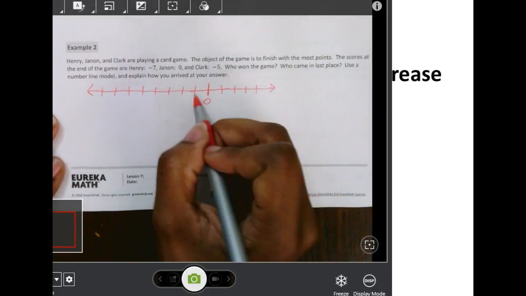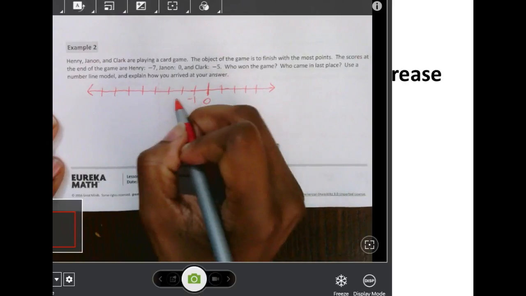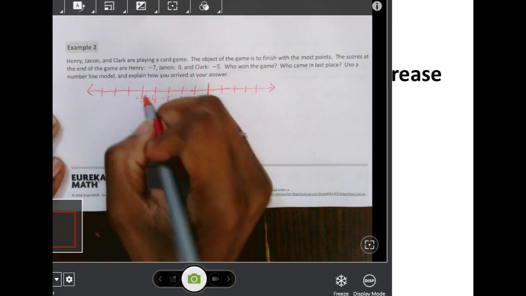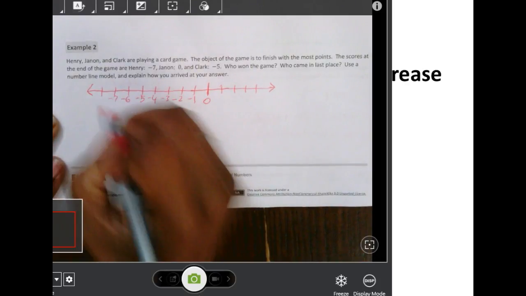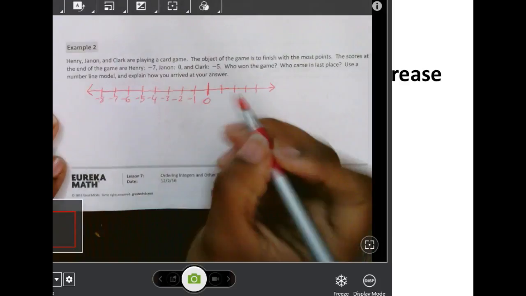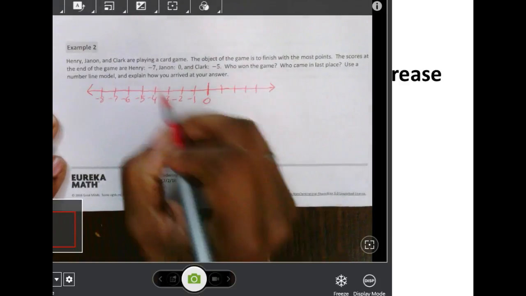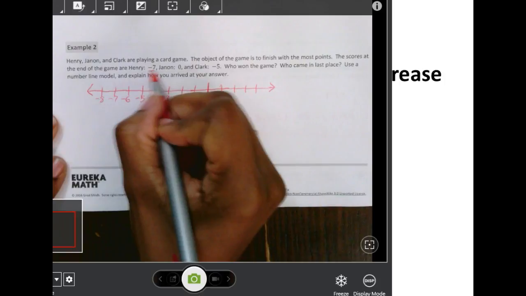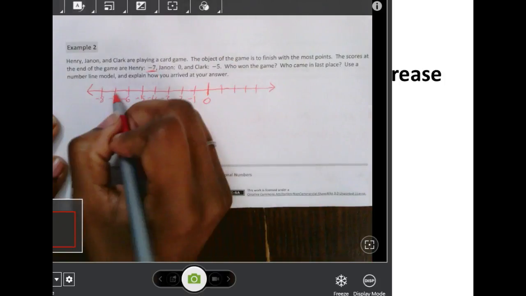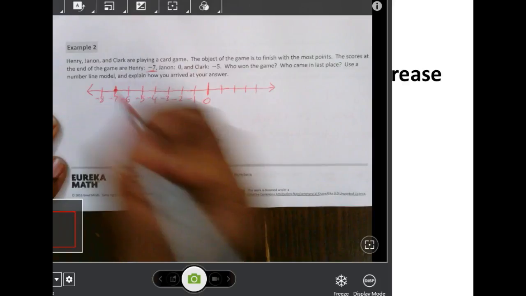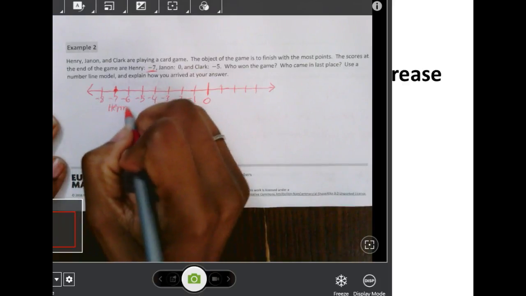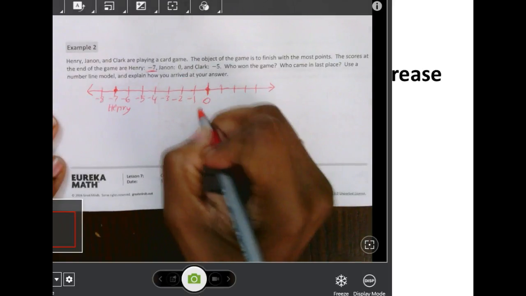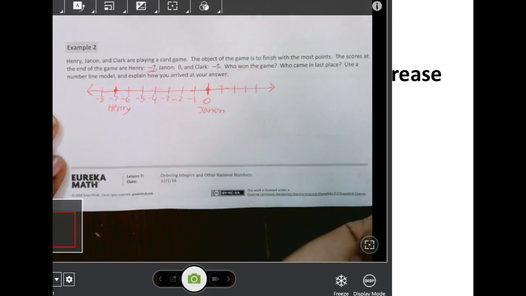And I'm going to label this -1, -2, -3, -4, -5, -6, -7, and -8. The scores at the end of the game are Henry, -7. So I'm going to find -7, and this is Henry. And then I'm going to find Janet, who is 0, and this is Janet. And Clark is -5.